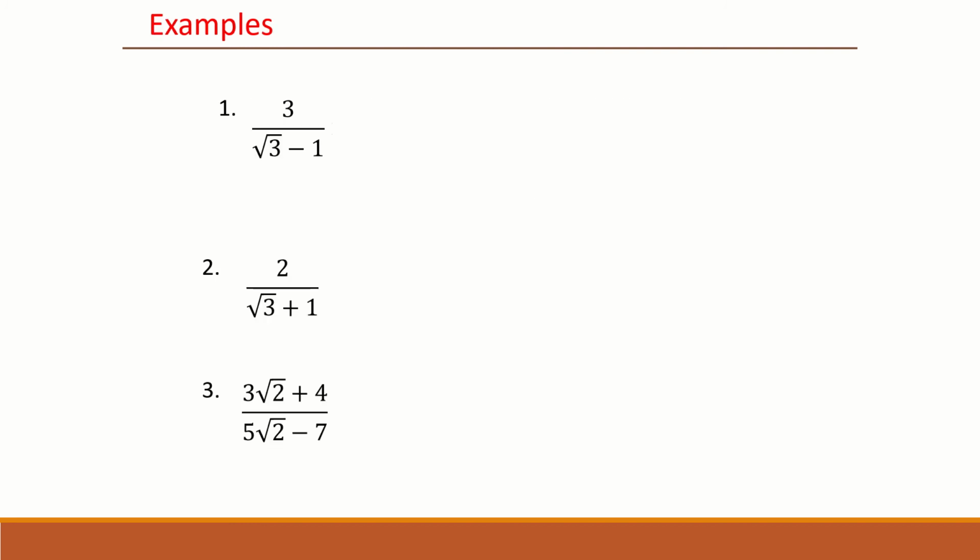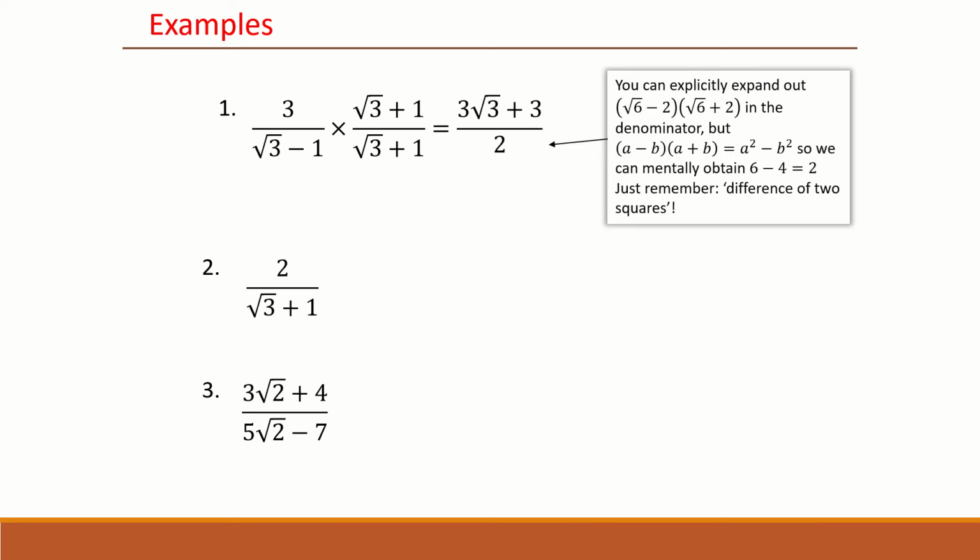Have a go at these questions. Firstly, you should multiply the denominator by root 3 plus 1 to remove the surd. We should give you 3 root 3 plus 3 over 2, as it's shown in the box.